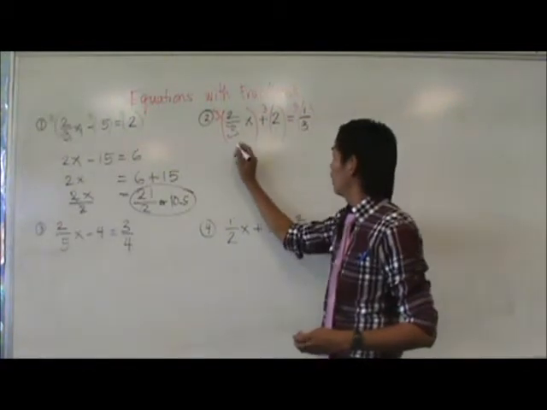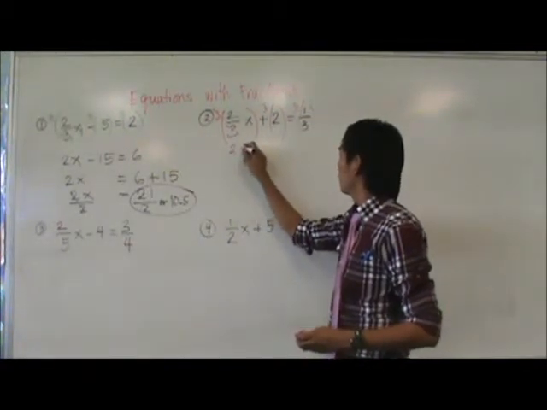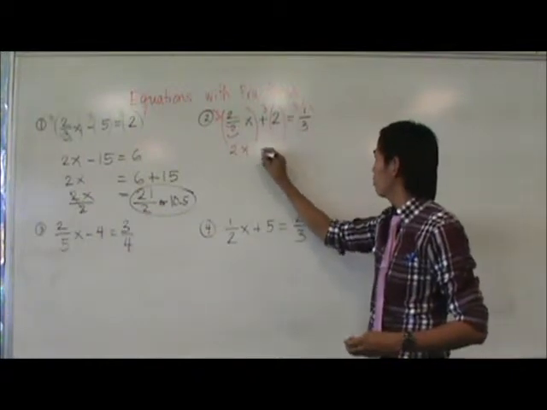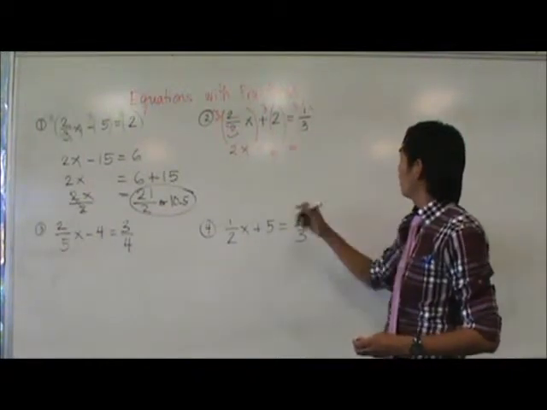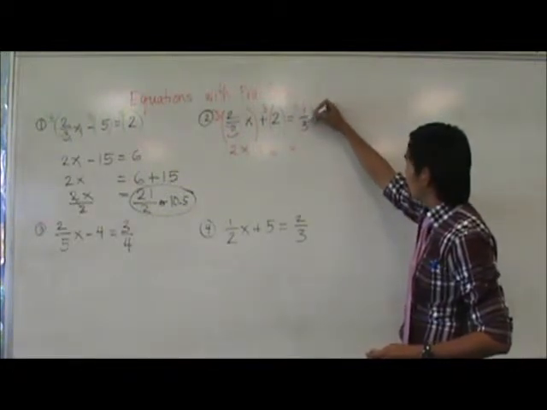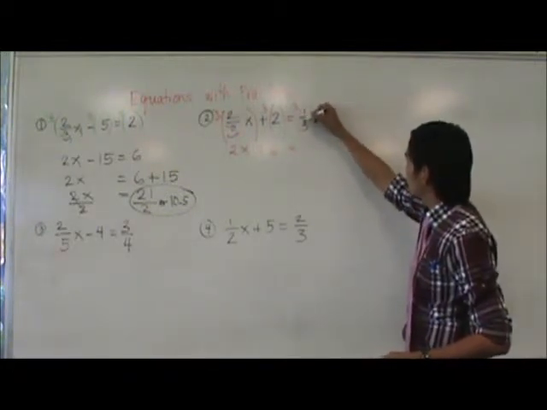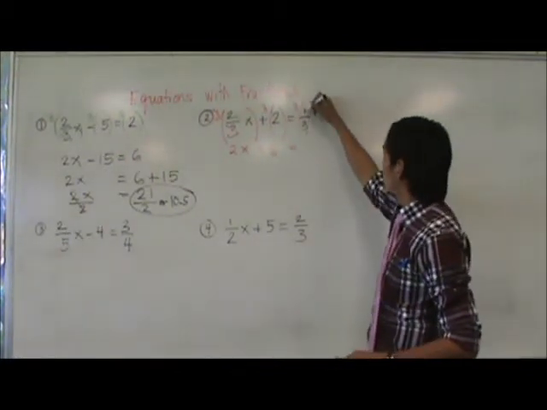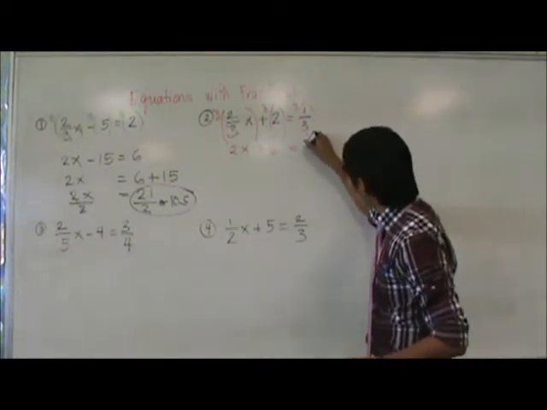So here we go. Now we have 2x. The product of 3 and 2 gives you 6. And see that 3 and the denominator 3, we can just cancel the denominator 3. And now we have a remaining 1.